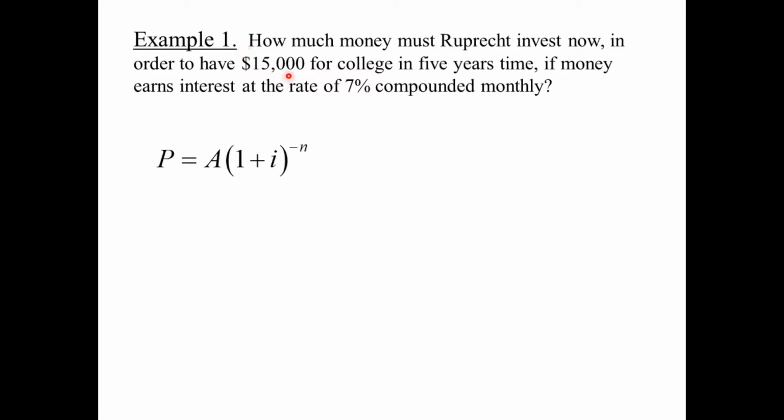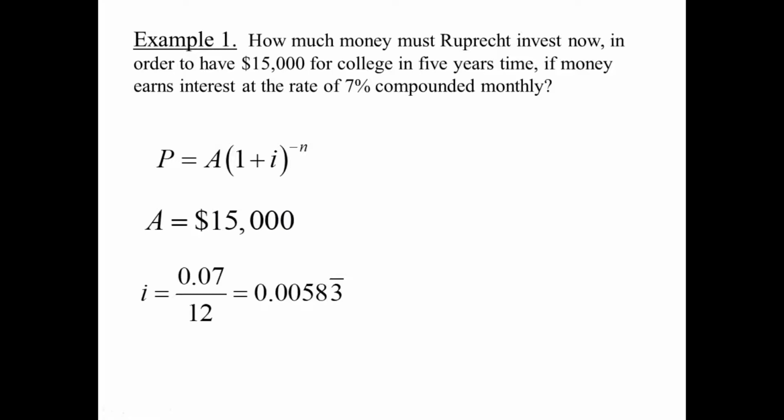$15,000 is the target amount, so that will be the amount after time has passed. Ruprecht wants to have $15,000 for college 5 years from now, so A must be $15,000. Money is earning interest at 7% compounded monthly, so the i value will be 0.07 divided by 12, which the calculator tells us is 0.00583 repeated.